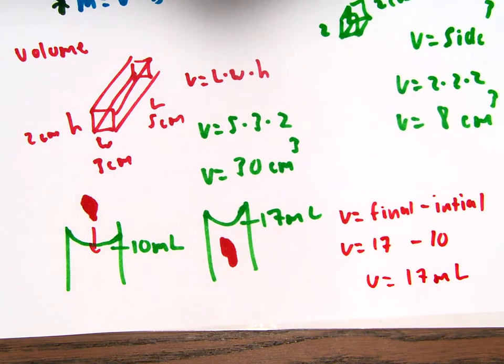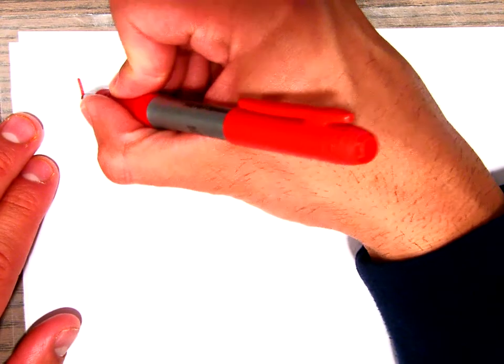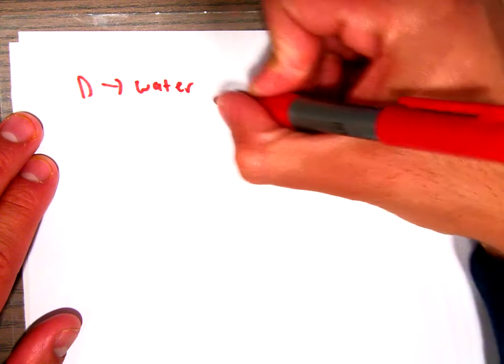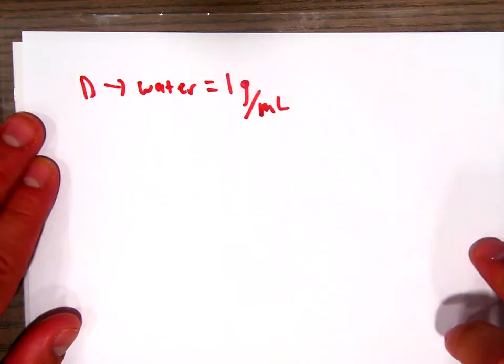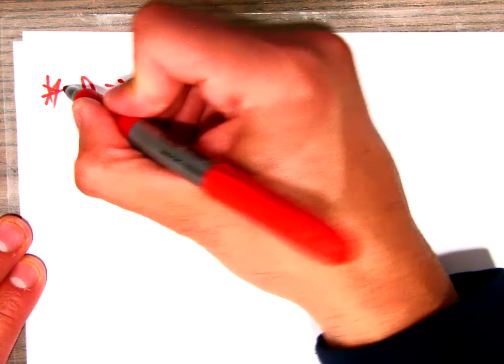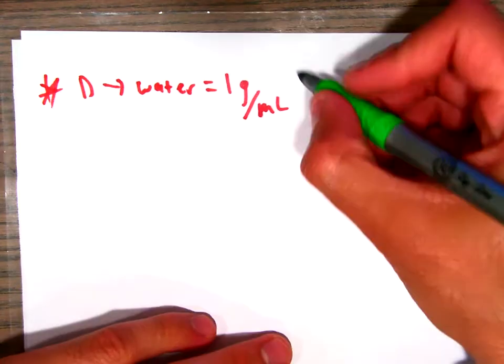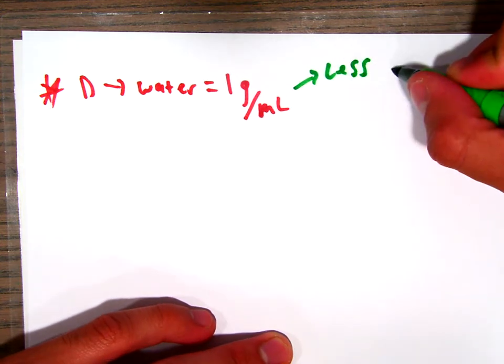All right, a couple other key things that you want to know before we start our practice problems. One, the density of water is equal to 1 gram per milliliter. Just kind of like a keynote that I want you guys to know. If something has a density that is less, it will float.